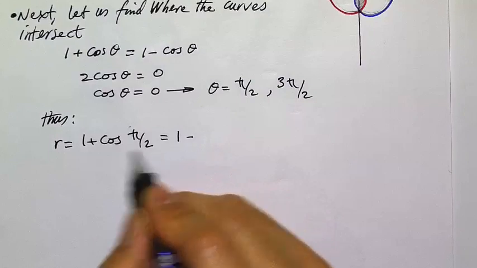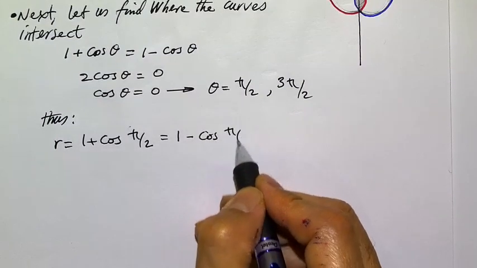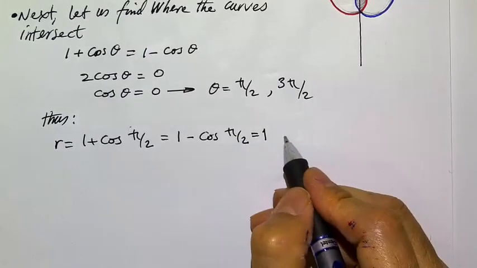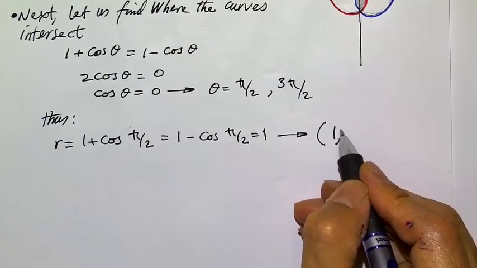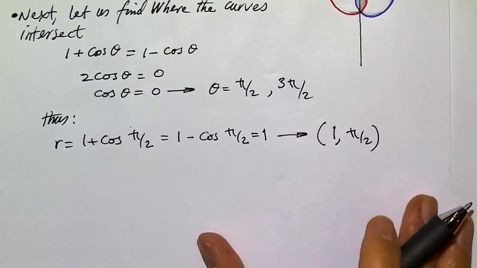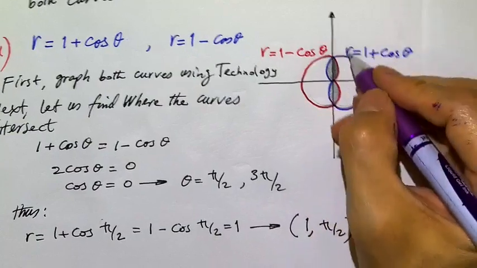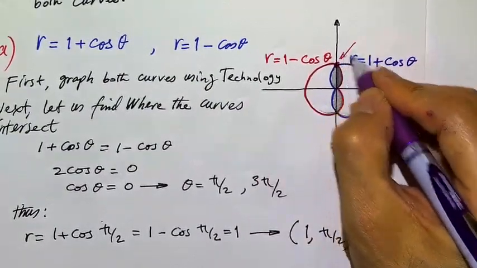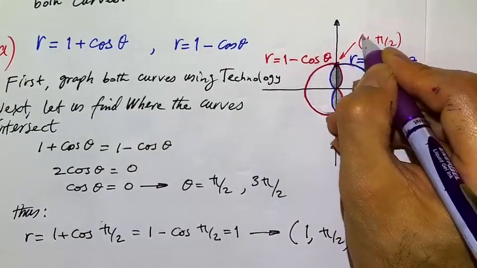So that is equal to 1 minus cosine of pi over 2, which is equal to 1. So that means the point of intersection is 1 comma pi over 2. That's one of them. So that would be this one. Let me mark it out. So that point is 1 comma pi over 2.